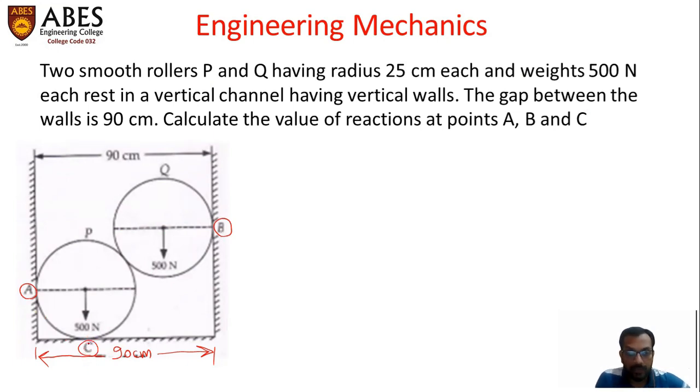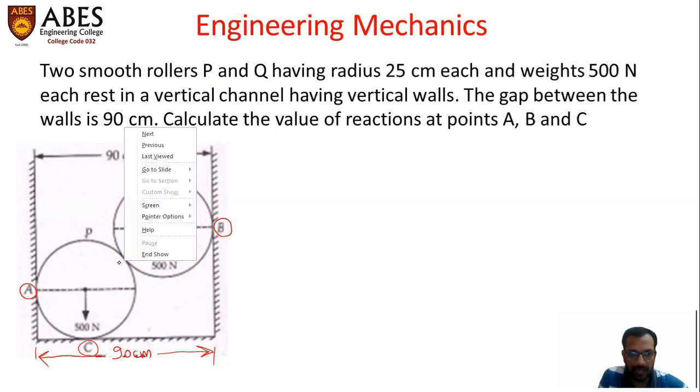So let's proceed. First of all, we will decide which roller is to be considered first. As we can see quite clearly, the upper roller has 2 unknown forces right now: the force at the point of contact between these two rollers, and the reaction from point B. If we consider the lower side roller, we can see that there are 3 unknown reactions at point A, C, and this point of contact.